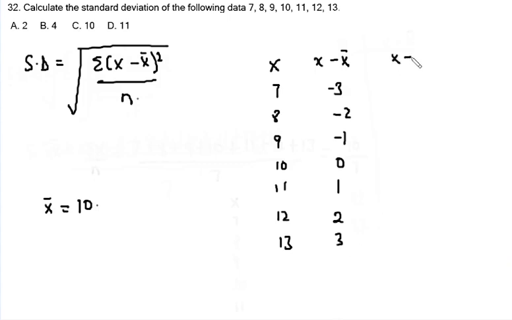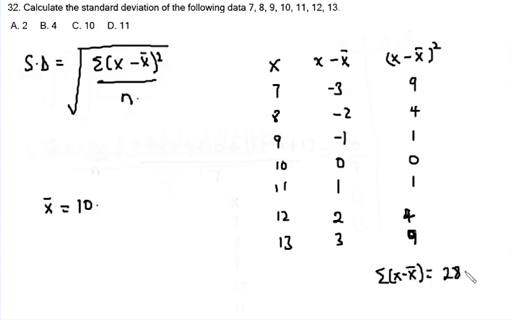So (x minus x bar) squared is: minus 3 squared is 9, minus 2 squared is 4, minus 1 squared is 1, 0 squared is 0, 1 squared is 1, 2 squared is 4, 3 squared is 9.